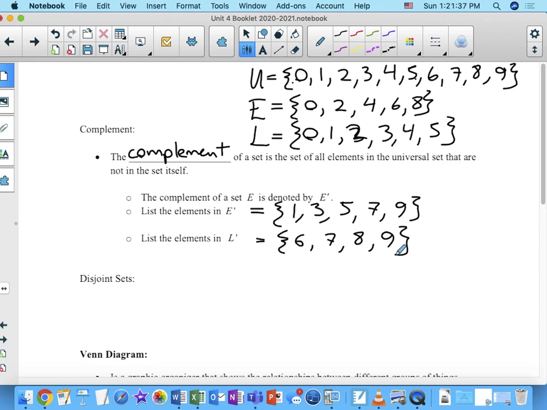Okay, because the definition of the complement is everything that's not in E that's in the universal. So when you add them together, you always end up with the universal. Okay, and the same goes for L and L complement. So you may want to make a note of that. Okay, E plus E complement equals U. Same with L. Okay, and that's generally true.